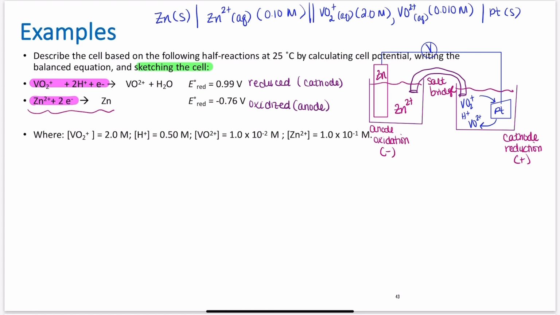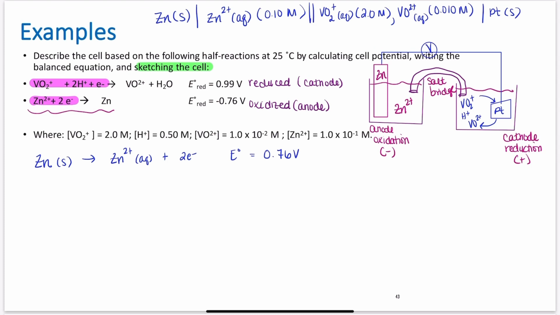We know that the zinc is being oxidized. So I've got zinc, solid, going to zinc 2+ plus 2 electrons. And the cell potential for this, I flipped this equation around, so now I'm going to flip the sign on this. I'm going to make it positive. It's going to be 0.76 volts.